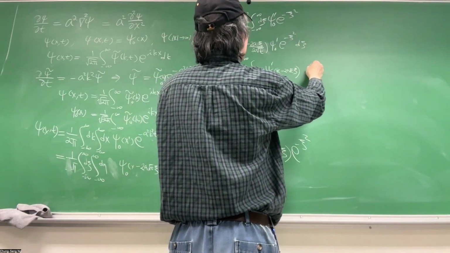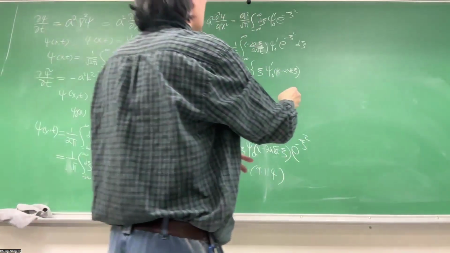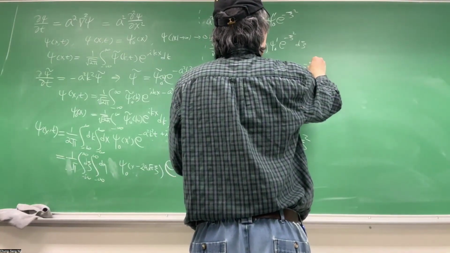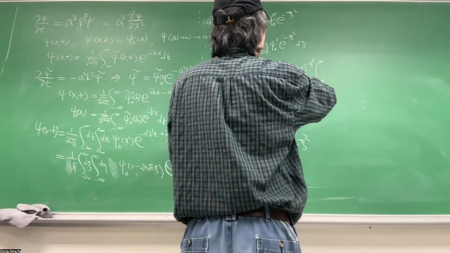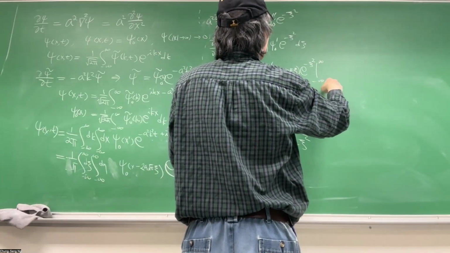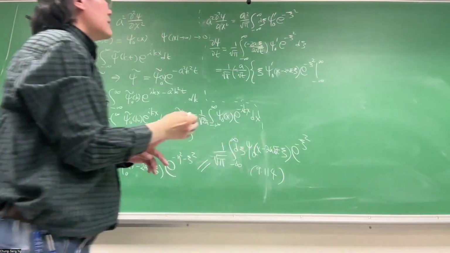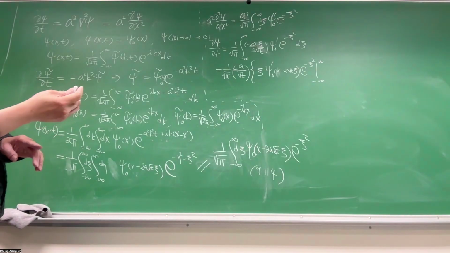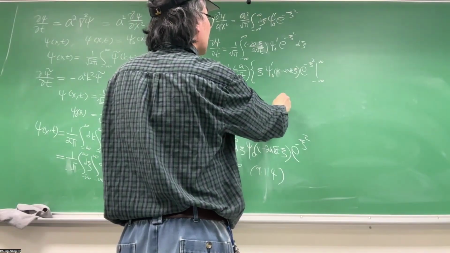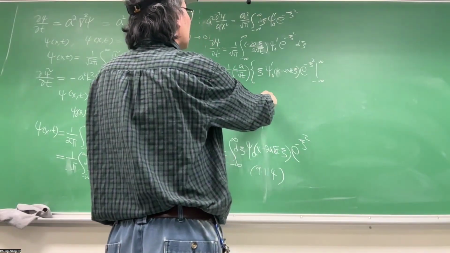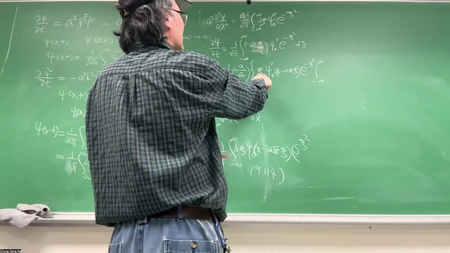And then you have the exponential function, from minus infinity to infinity. And then you subtract the integration of just this one, because you're doing integration by parts.